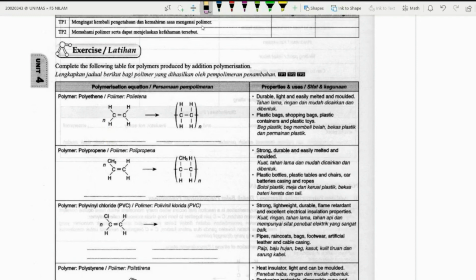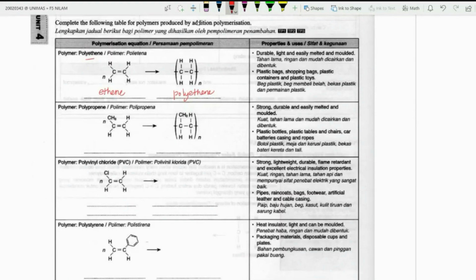Then what is the polymer? Already written there, right? It's polyethylene. So this is ethene, and this one is polyethylene. Sometimes you will see polythene. Okay, all correct. Next, polypropylene.